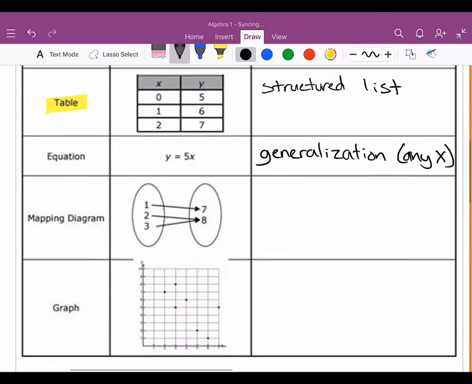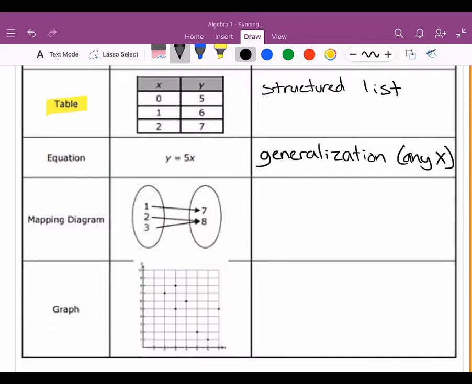Generalization. For mapping, now if you think of a map, okay, maps are your two ovals with your lines showing direction. When you look at a map, you start somewhere, you go towards a destination. You're trying to find your way to wherever you're trying to go, right? It shows direction. So as a map, it's showing corresponding values, which are your domains, which is also your x.